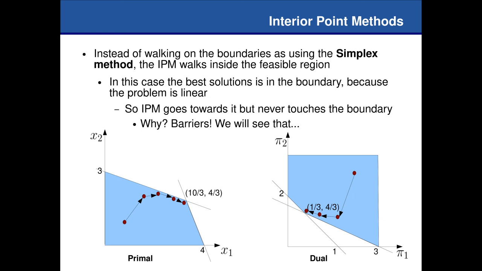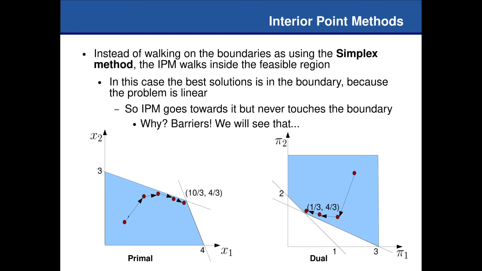This is so interesting. Just pause the video, pay attention, look at the solution. You're going to see that from the primal space, we start with some initial solution, and at each iteration, we give a step. Like this was the step we took.